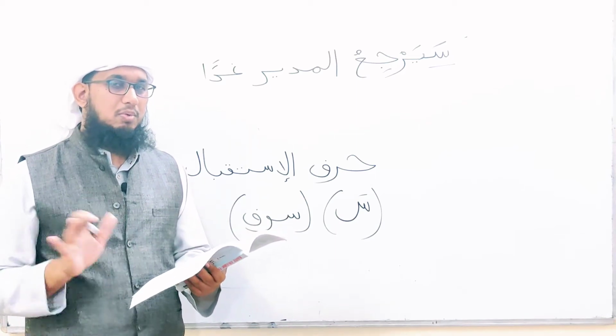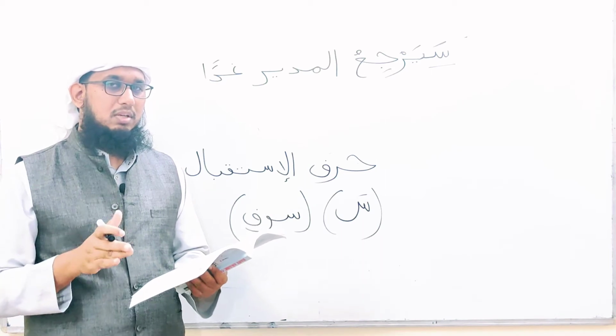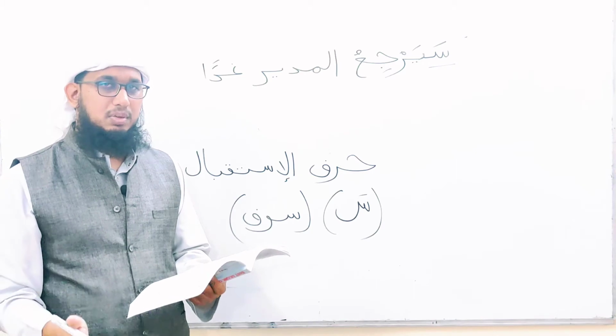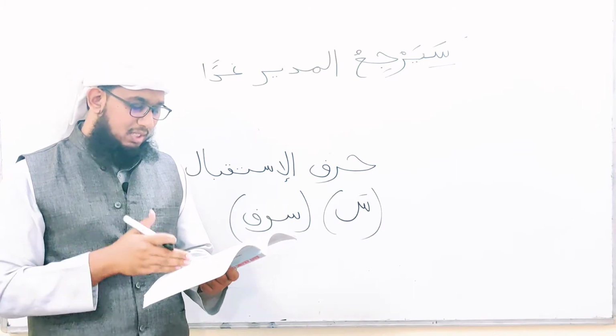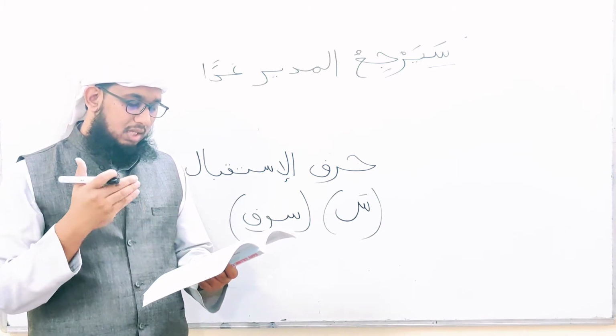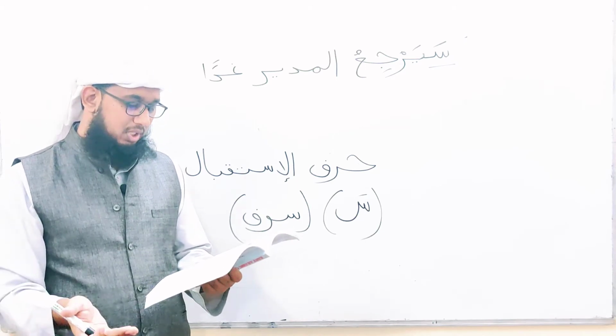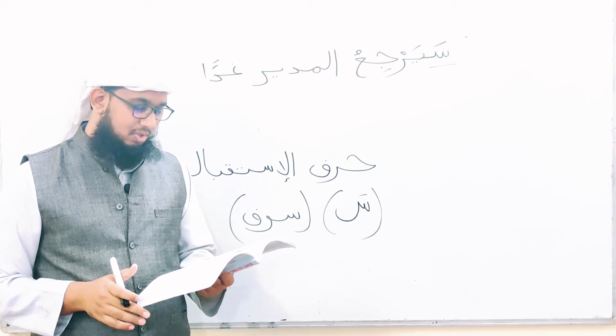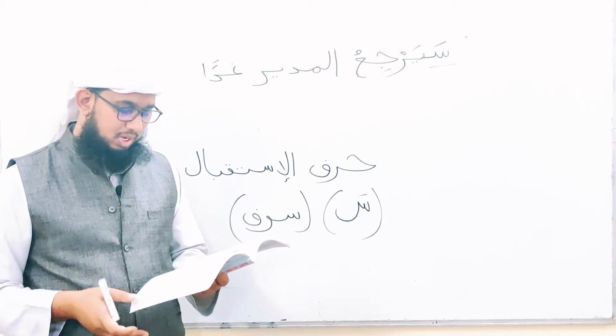Now here I don't have to use seen. Why? This sentence does not give the meaning of future. Whereas sa'adhabu, I will be going this evening, it has not yet happened. Ilal maktabati, to the library.